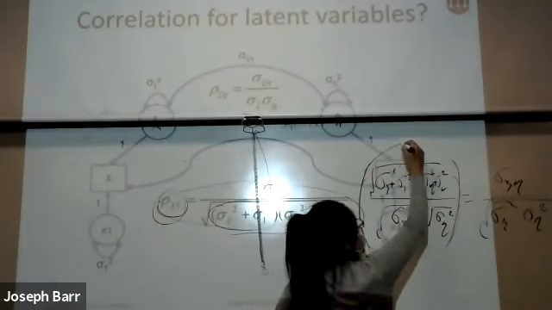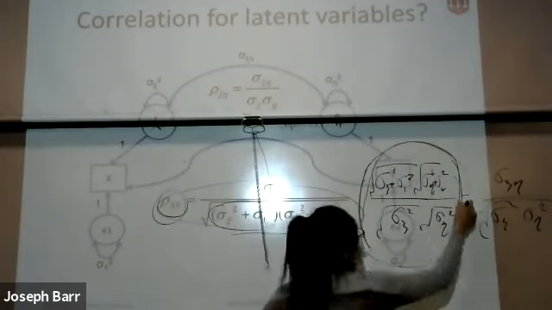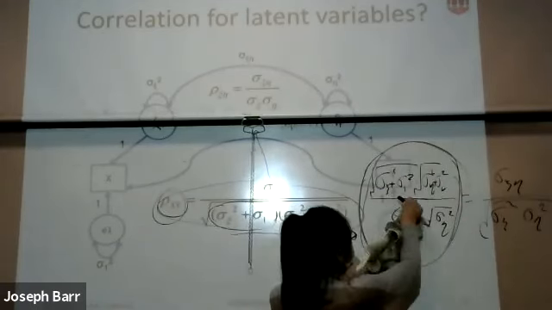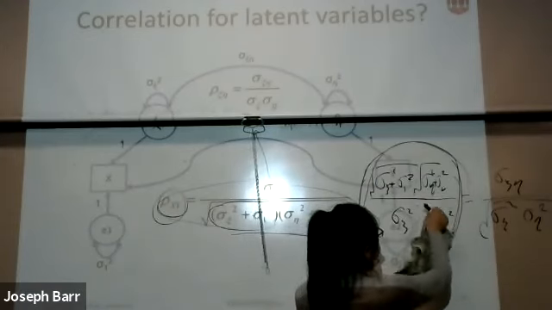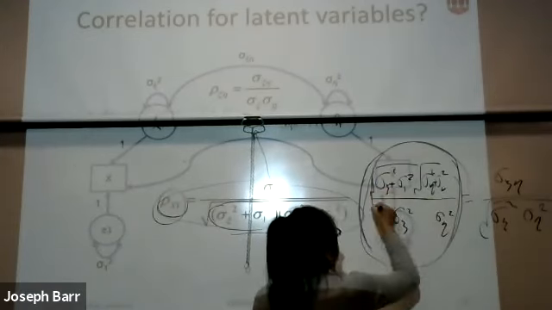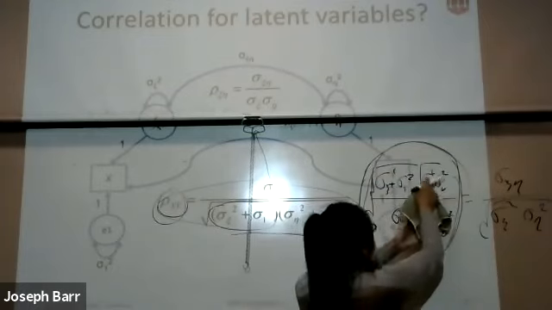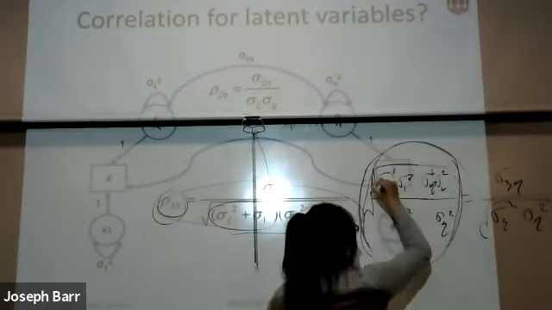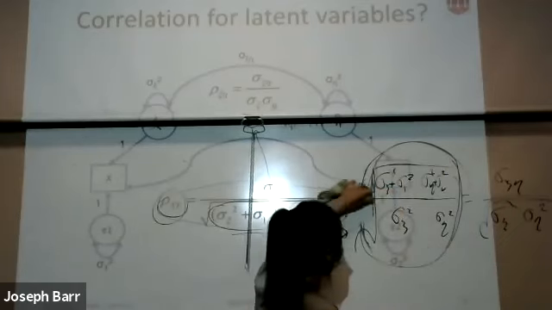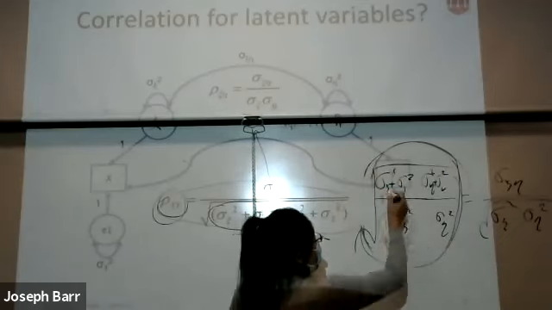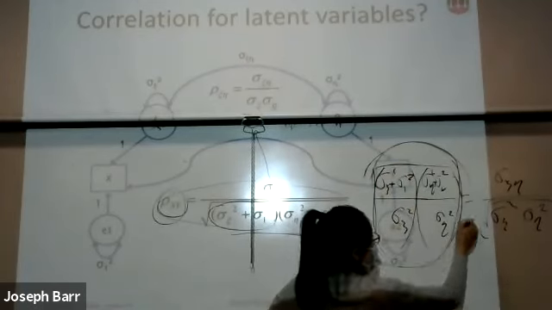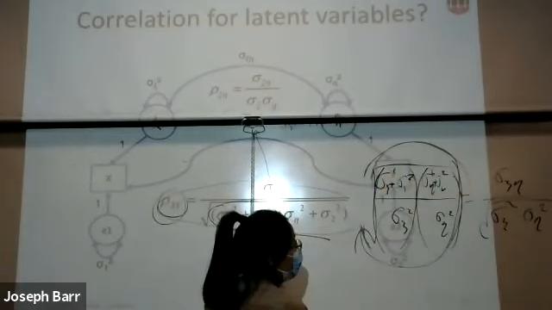So what is this term? Let's take the square root out. If we use the square root like this, that's the same thing, but when you check this part, what is that?